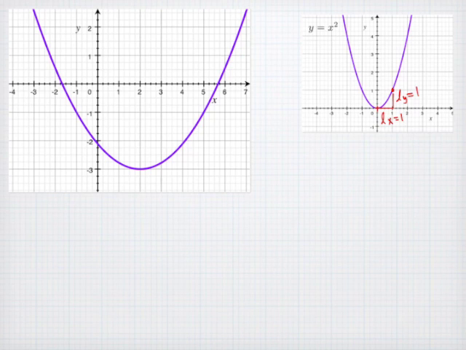Now what we need to do is find the corresponding center point, so our vertex, and find natural length scales for x and y. So our vertex in this example is at the point (2, -3), and if we look for another point on the graph, I see this one, and so we're going to pick our length scales to match that.